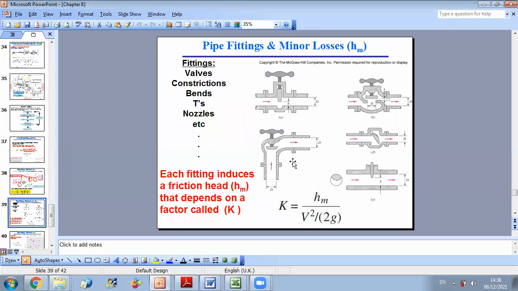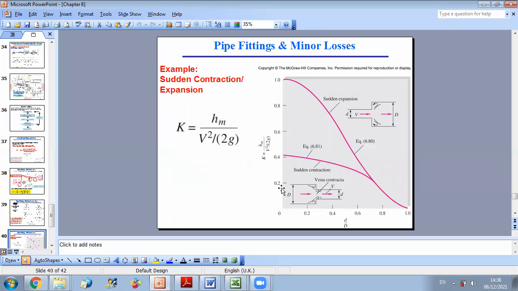So, for example, you will find in tables for different fittings what the value of K will be. This is an example. You can have a table, you can have a chart. This is a chart giving you K. Here you have 2 possible cases: sudden expansion and sudden contraction.